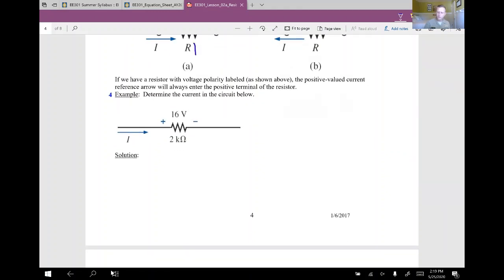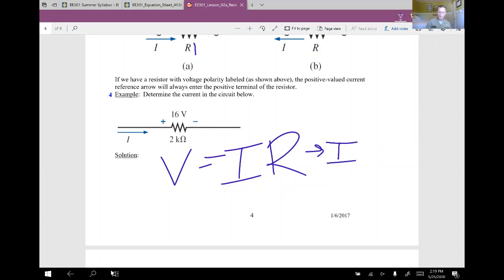So, favorite law right here, V equals IR, for example 4. What we're searching for is I, so we'll rearrange it. I equals V over R. You might want to get used to that. Often we're searching for the current, not the voltage, and it's always V divided by R for that.